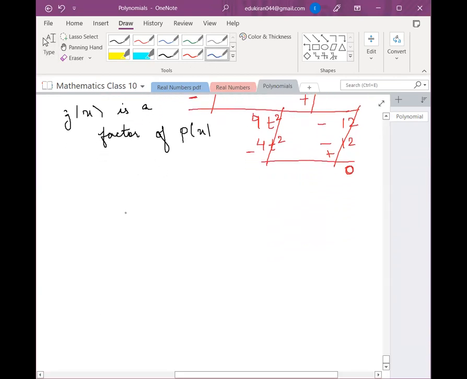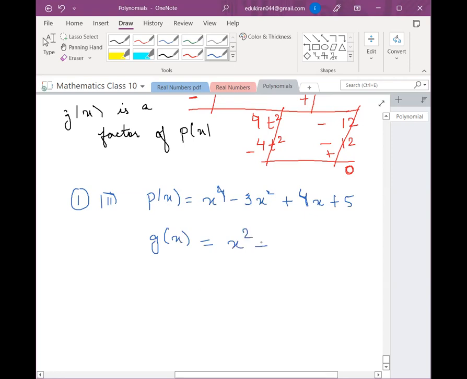I just want to tell a little thing here. So your p(x) is equal to x to the power 4 minus 3x square plus 4x plus 5, and your g(x), which is given, is x square plus 1 minus x.